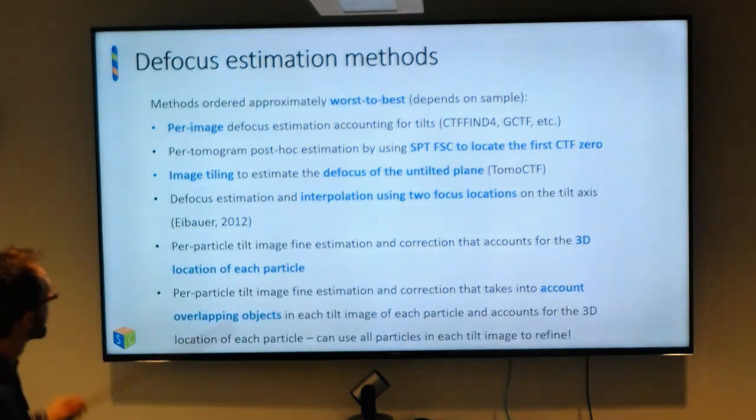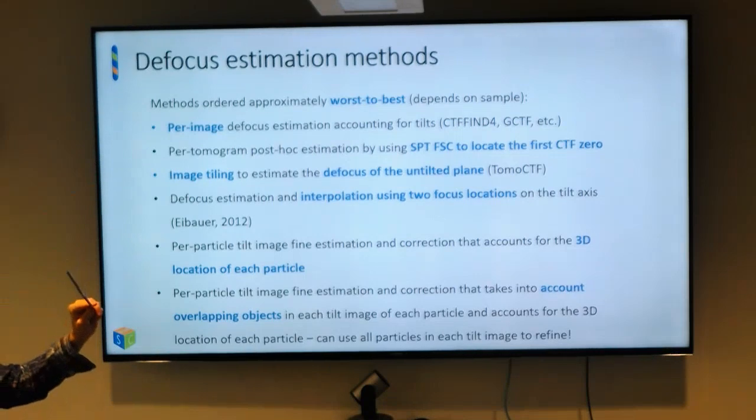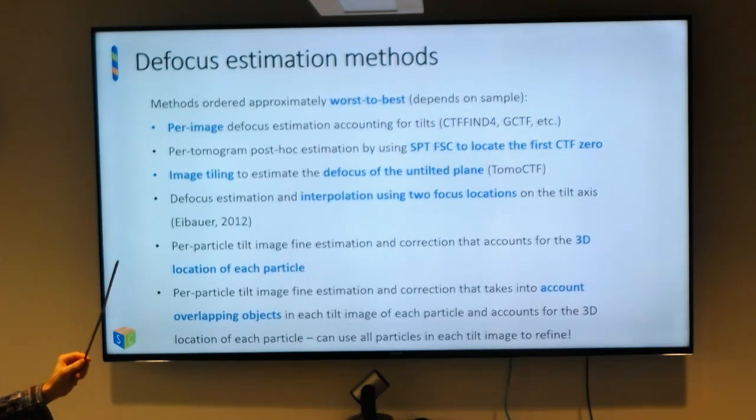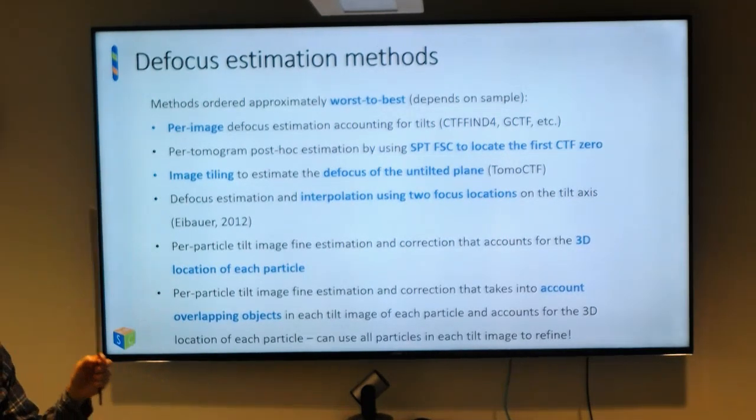Okay? Second way, if you do no CTF correction or defocus estimation or anything, you pull out all your objects of interest on a per tomogram basis, reconstruct those and then look at the FSC curve. Have you guys done FSC curves yet?